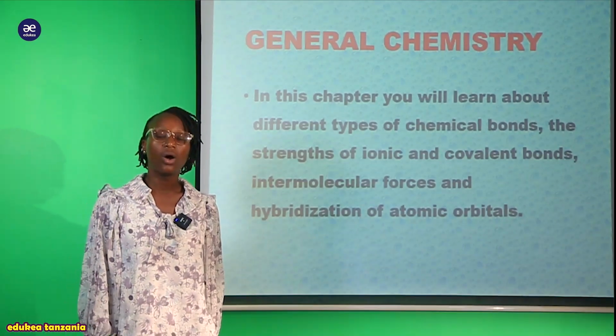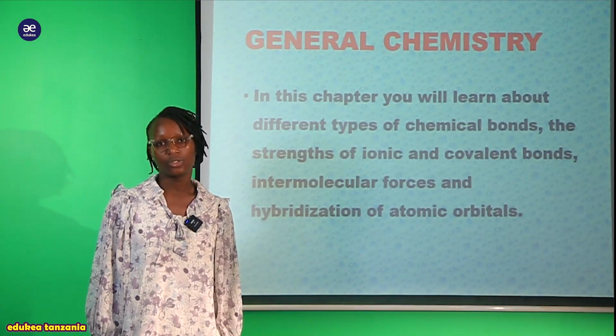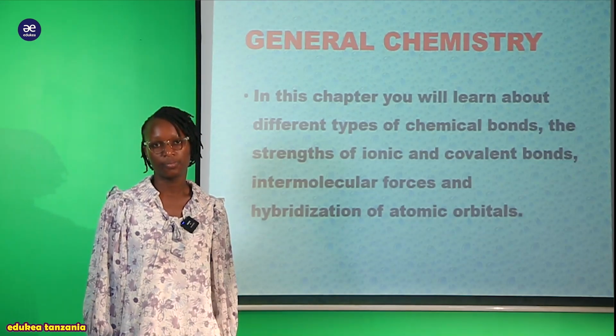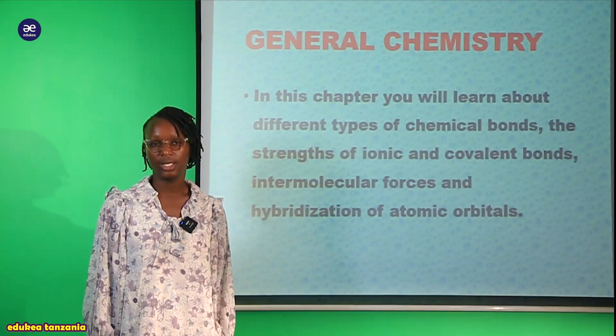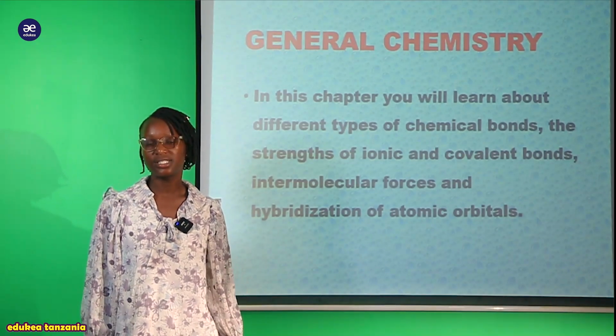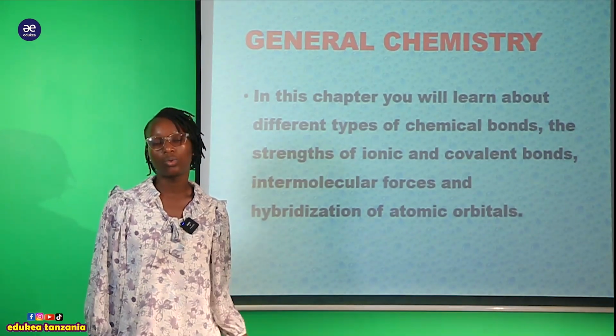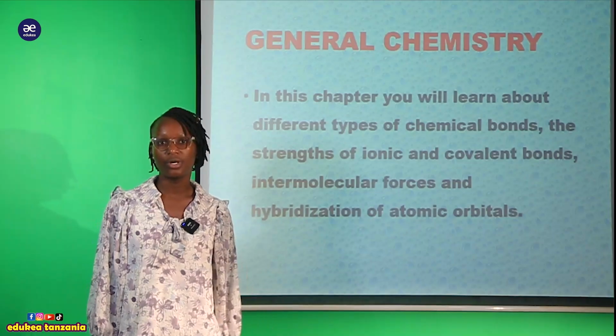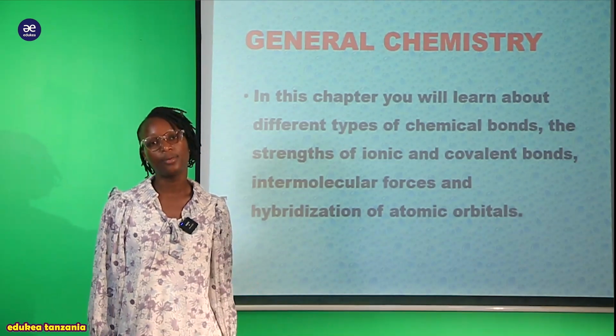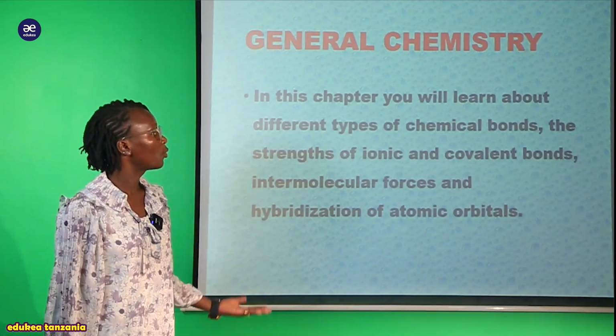Kwamba tutaenda kuangalia aina tofauti za chemical bonding. Kwamba hii interaction process ambayo ina result depending on the association of the atom kwenda kupelekea kutengeneza hizo crystals, ions, molecules, the stable substance, kwamba ipo katika makundi gani.